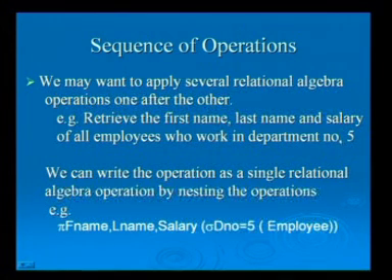So, in performing this retrieval operation, you have to select the employees working for department number 5 first, and then from that relation you project the attributes that you want to retrieve. Now, this is how you write this by nesting operations.